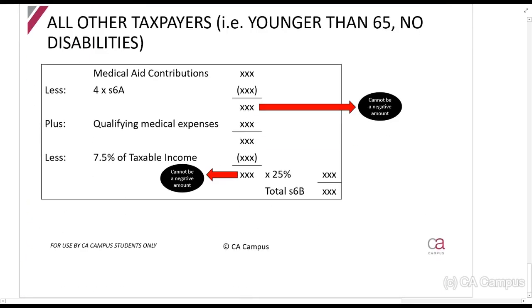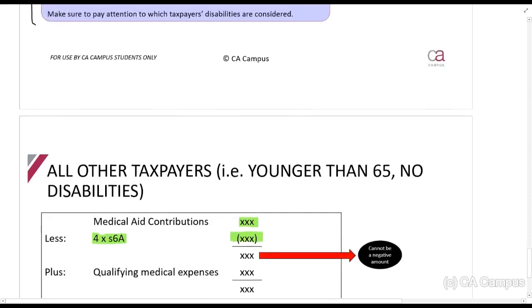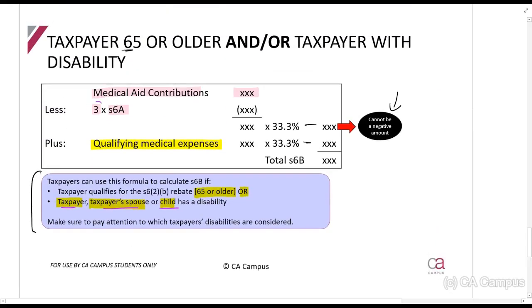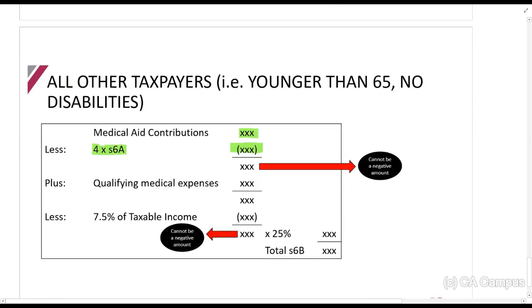Right. For all other taxpayers, this one is a little bit more complicated. You say medical aid contributions less 4 times Section 6A. Make sure you see 4 times. Here it was 3 times. It's 4 times Section 6A. That leaves you with an amount. It can't be a negative amount.